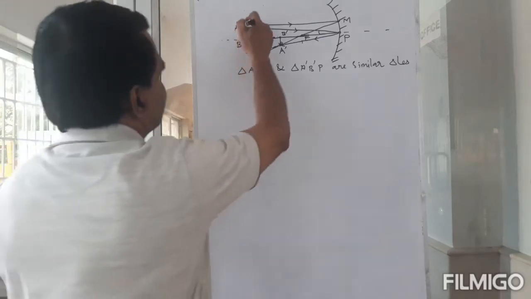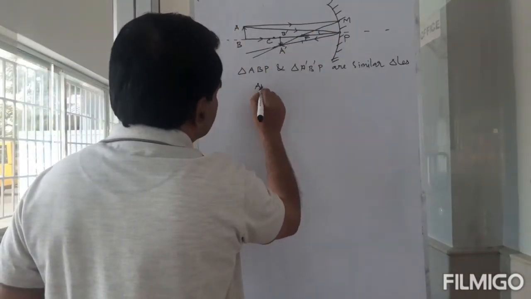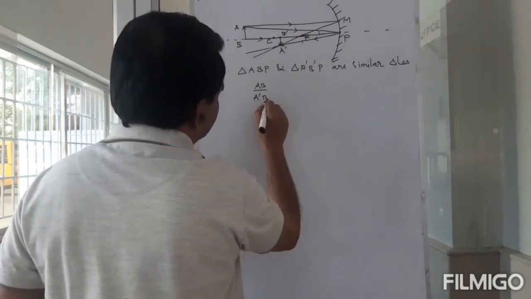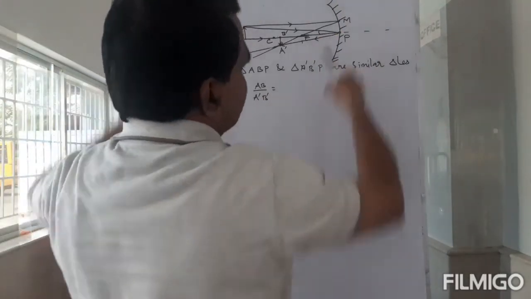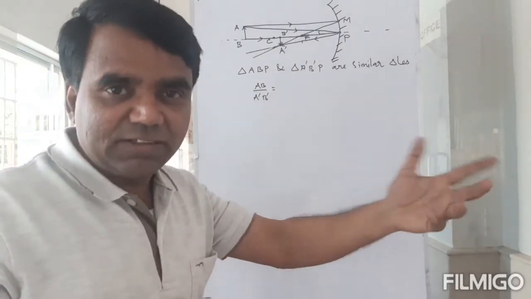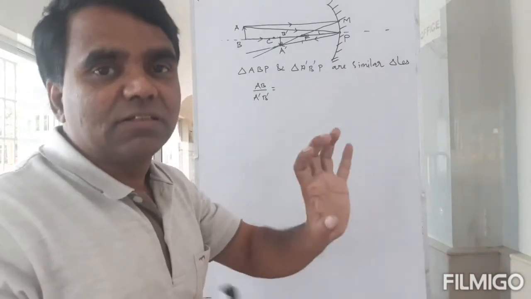So what does it say? I'll say if they are similar triangles, then AB by A dash B dash must be equal to, I'm going to take the horizontal distances. Why would I take horizontal distances? Because that is where I will have U and V, right? U is the object distance and V will be the image distance.